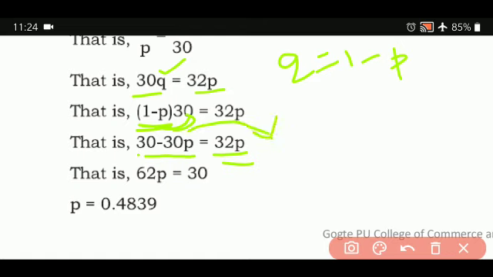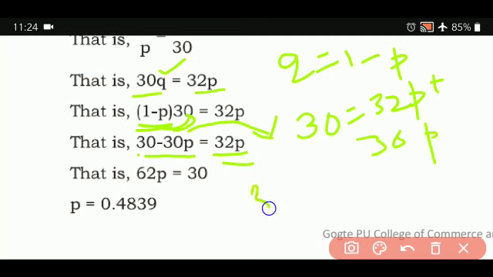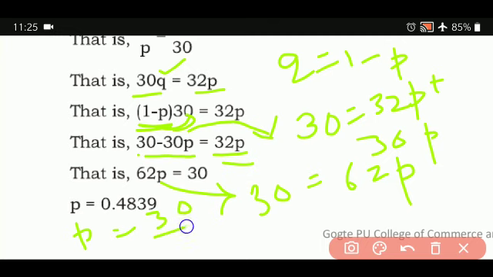So this becomes 30 is equal to 32P plus 30P, 30 is equal to 62P. The same thing is here. So therefore P is equal to 30 divided by 62, which is your answer, written and simplified.